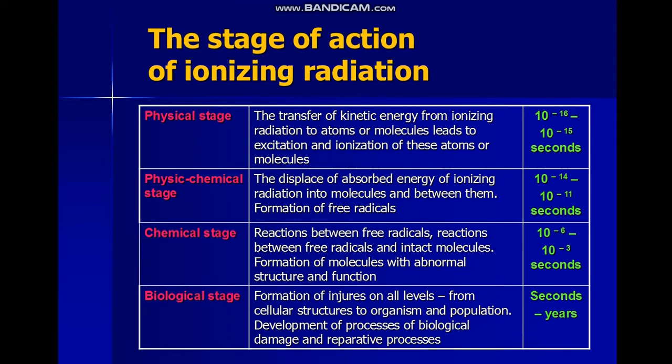In the physicochemical stage, the absorbed energy of ionizing radiation is distributed into molecules and between them, with formation of free radicals. Chemical stage: reactions between free radicals, reactions between free radicals and intact molecules, and formation of molecules with abnormal structure and function.